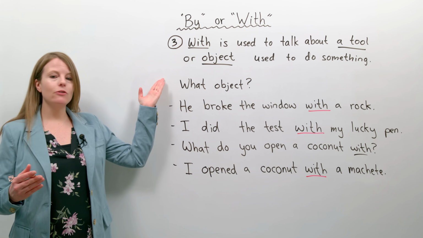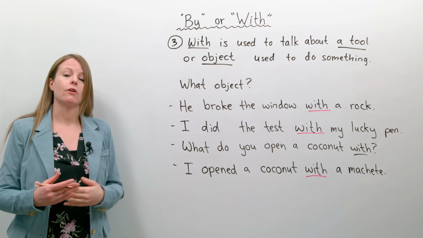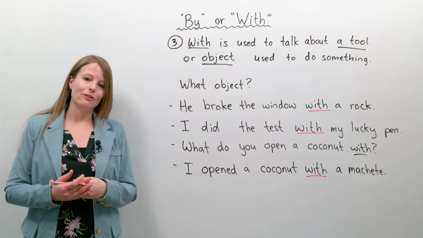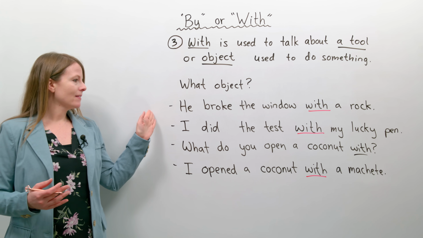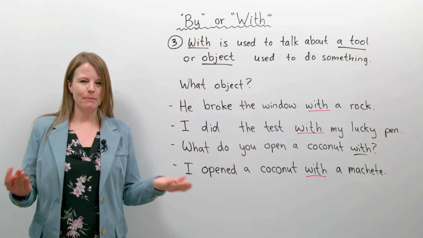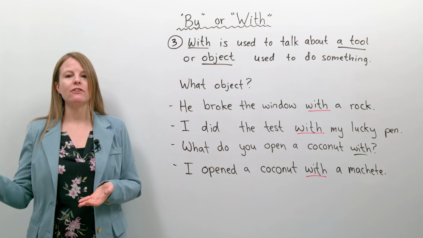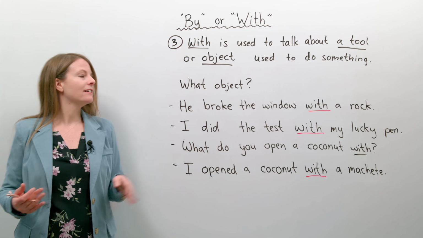Okay, so another way to use with is to talk about objects or tools. So we can use it to describe how we do something with a tool or an object. Let me show you some examples. Imagine somebody breaks a window. You might wonder, how? How did they break the window? With what tool or what object?